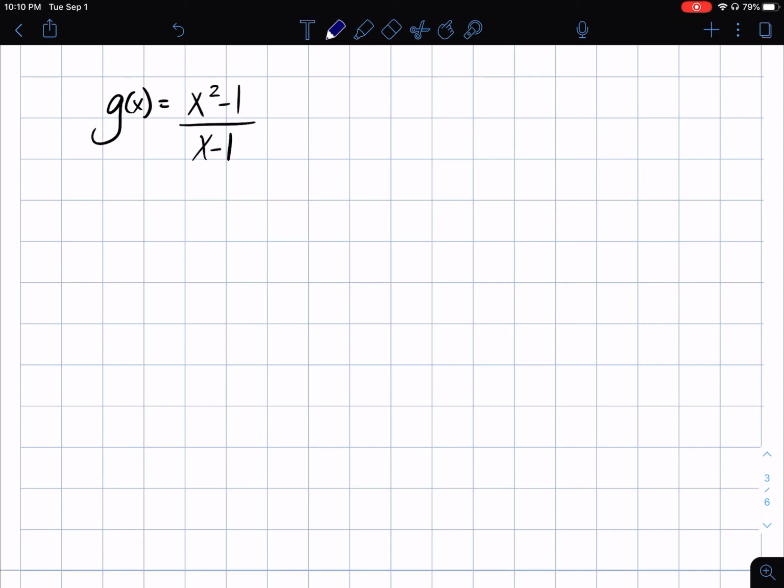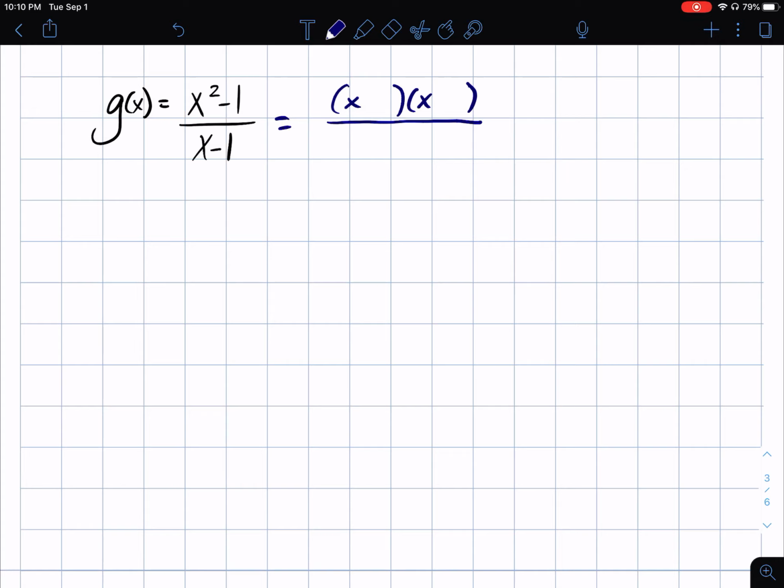And so what we can do is we know that there's going to be some type of either hole or asymptote there. And so what we can test is if I can factor this and cancel that bottom somehow, that tells me a lot about what type of discontinuity it is.